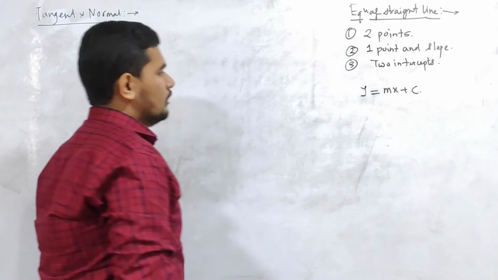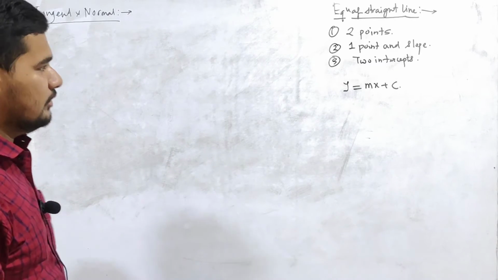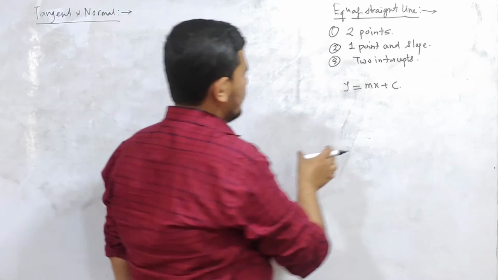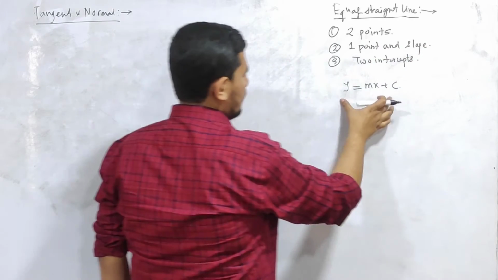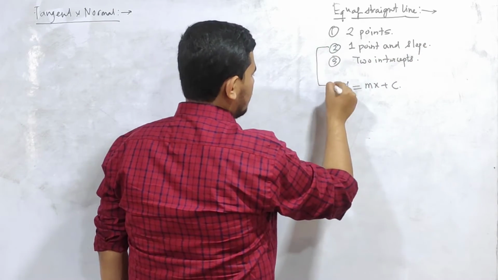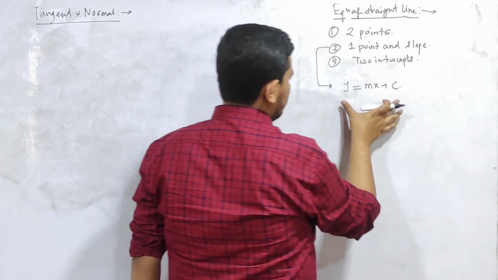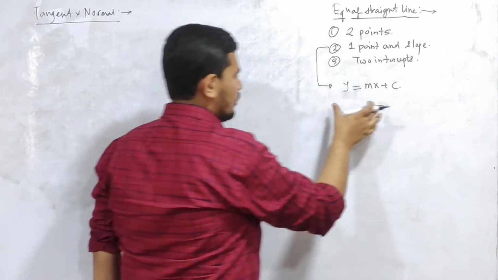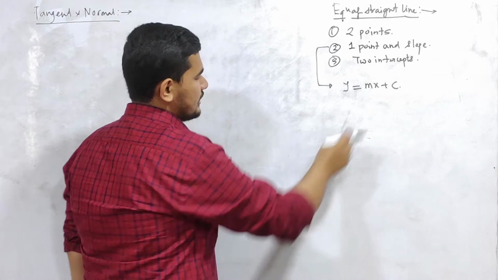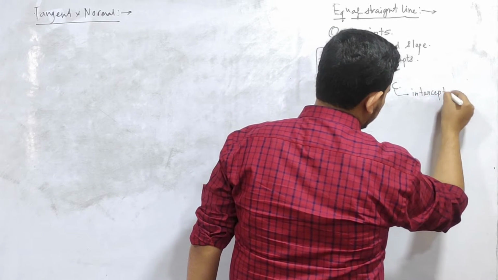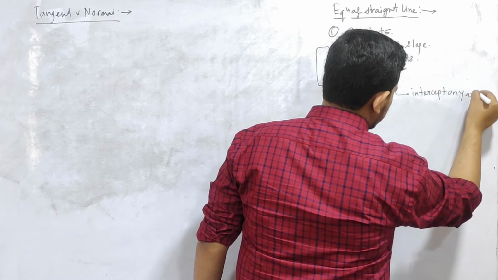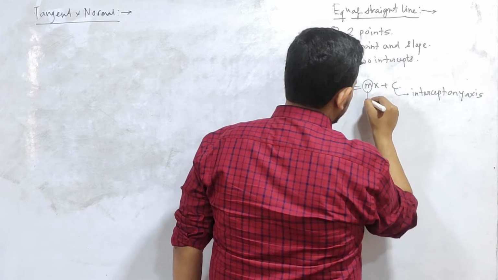The type of information given in this chapter will be 1 point and the slope of that line. So this is the second type, where we can write the equation of the straight line as y equal to mx plus c, where c is the intercept on the y-axis and m is the slope.